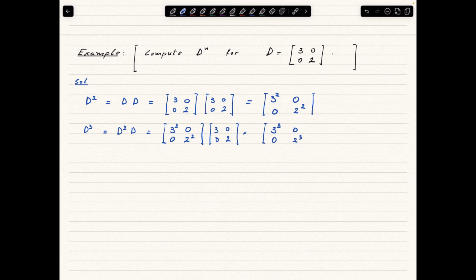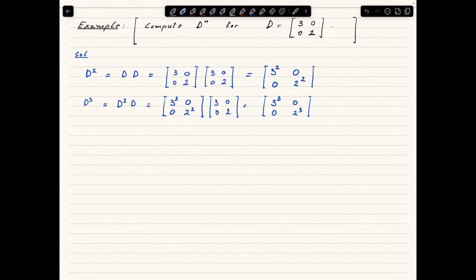In general, if you keep doing this calculation many times, you are going to end up with D to the power n, which you can always write as D to the power n minus 1 times D. And then you are going to see that D to the power n minus 1 is 3 to the power n minus 1, 0, 0, 2 to the power n minus 1.